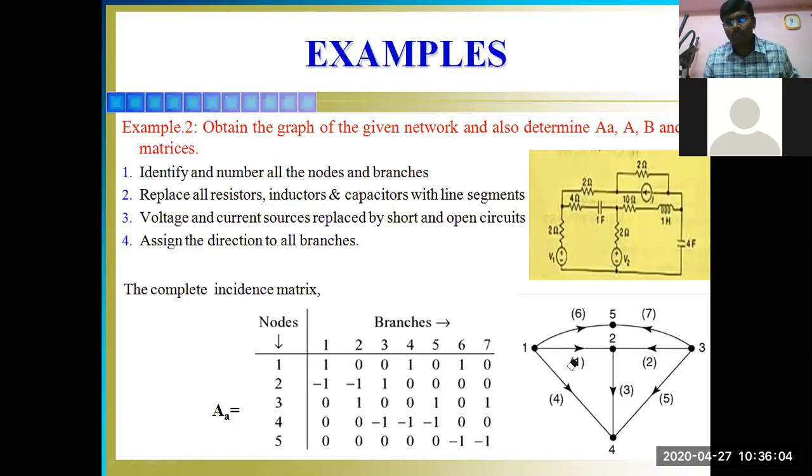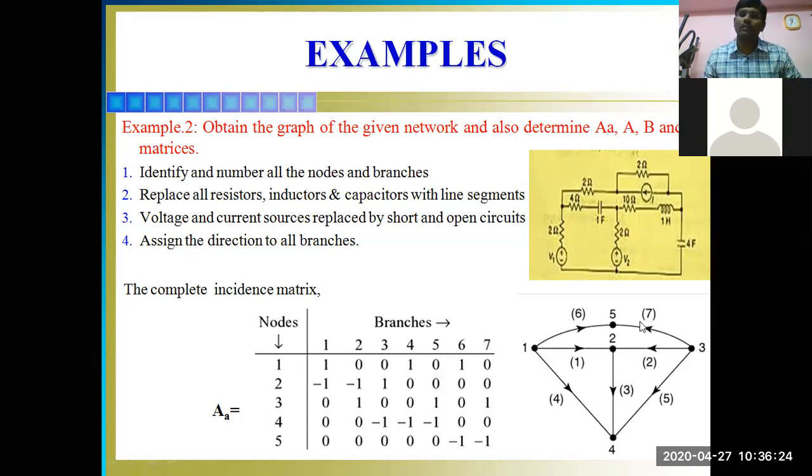These are the node numbers. So now we obtain the graph of the network, with branches numbered 1, 2, 3, 4, 5, 6, 7.